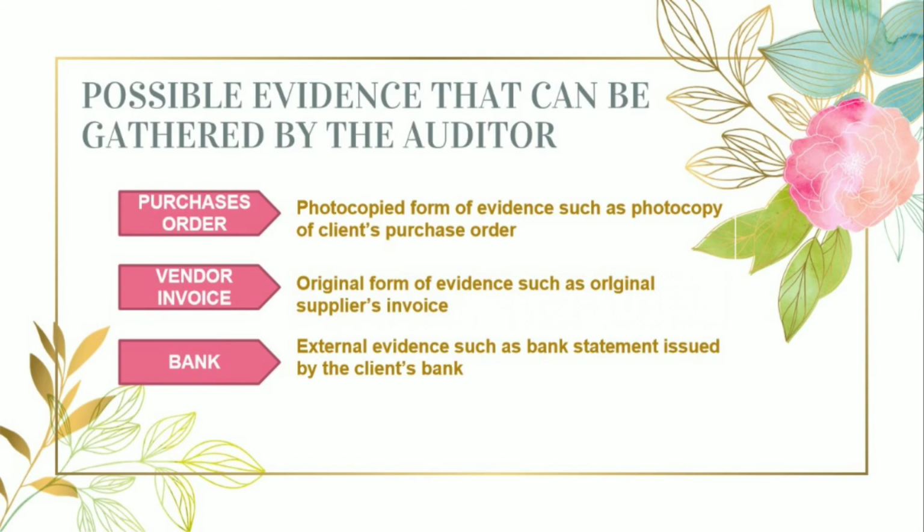Okay, for the possible evidence that can be gathered by the auditor, for the purchase order it will be a photocopy, such as a photocopy of a client purchase order. For the vendor invoice, it will be an original form of evidence, such as an original supplier's invoice. For the bank, it is external evidence, such as a bank statement issued by the client's bank.